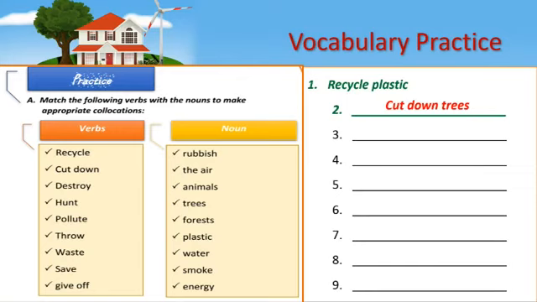The second collocation is cut down trees. Destroy is to be matched with the word forests. We destroy forests. Hunt animals. Pollute the air.